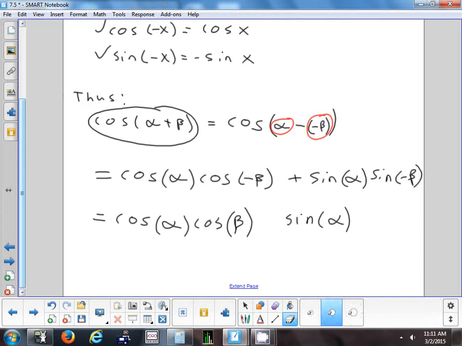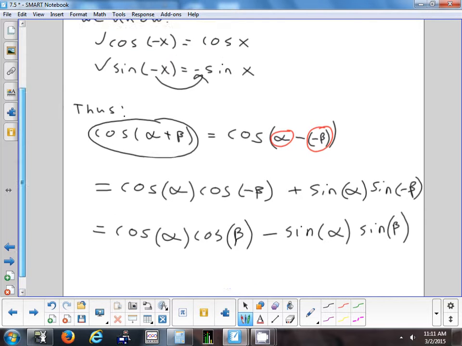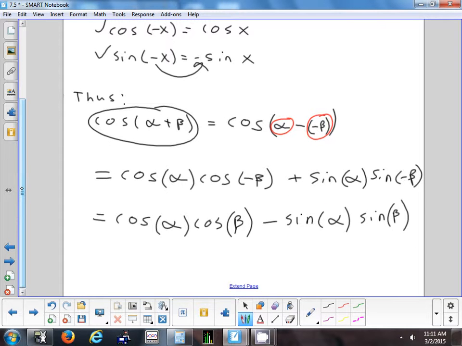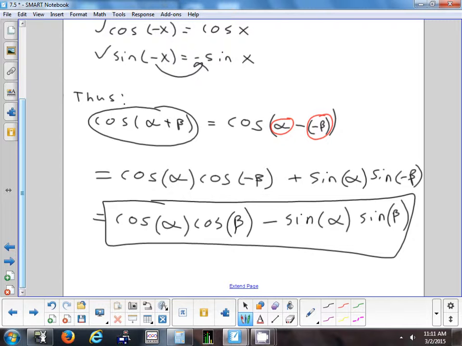So what ends up happening is because this negative comes out, just like it did right there, it makes this whole second part a negative. Okay. So it's sine of alpha, sine beta, but the negative goes out in front. Okay. This is your cosine sum formula. Cosine of each angle minus sine of each angle. The only thing that's different is the plus became a minus. That's it.